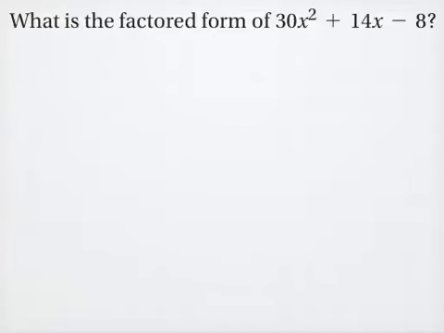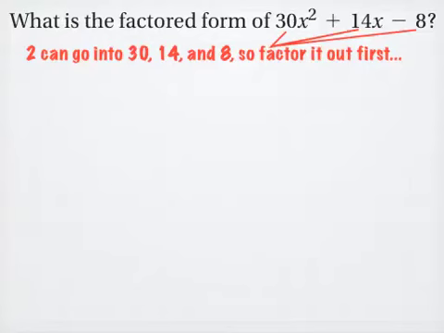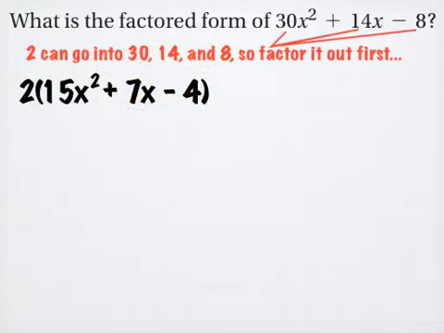Notice 30, 14, and 8 all have a GCF because 2 can go into all of those numbers. I'm going to factor out a 2. When I factor out a 2, I would be left with 15x squared plus 7x minus 4. What I need to do now is factor the trinomial 15x squared plus 7x minus 4.